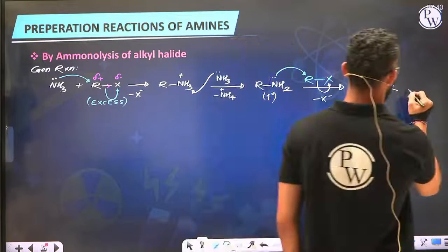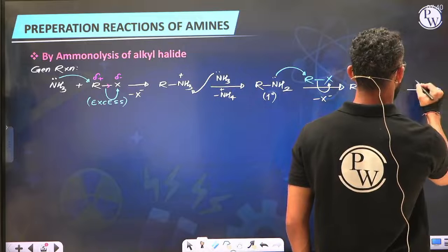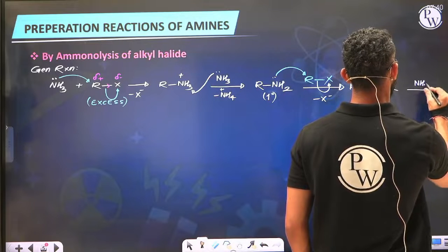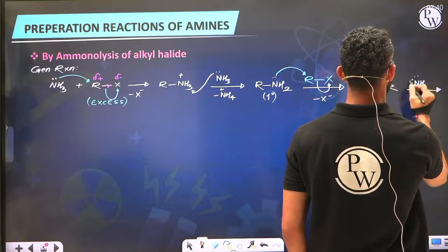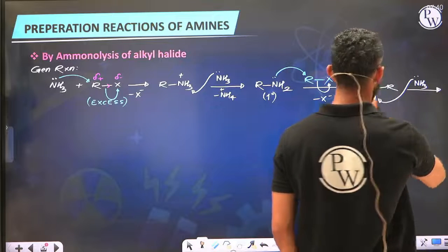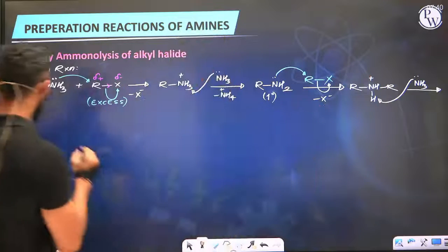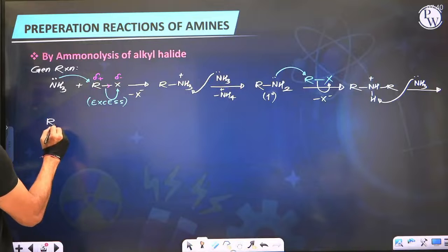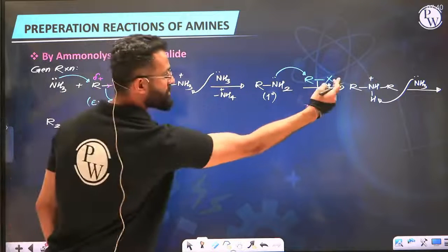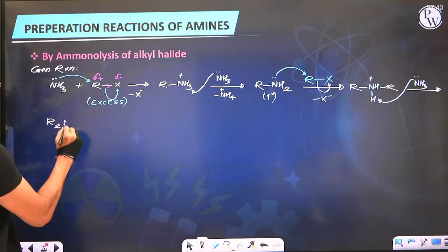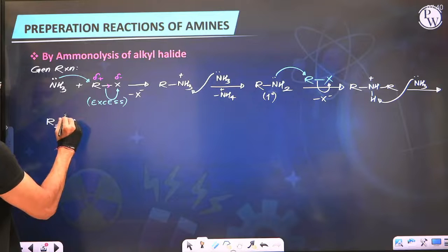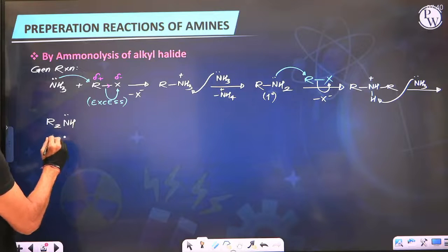And now this will further undergo deprotonation with the ammonia which we have. So this ammonia will carry out abstraction of H, and we'll get formation of secondary amine. So now what we have is R2, two alkyl groups I'm writing together, R2NH, which is nothing but secondary amine.